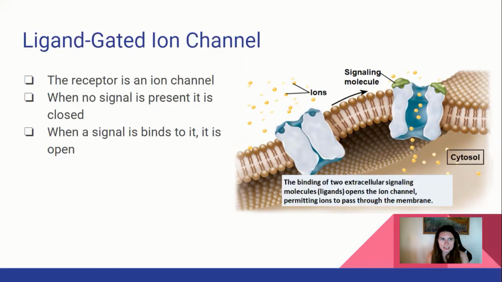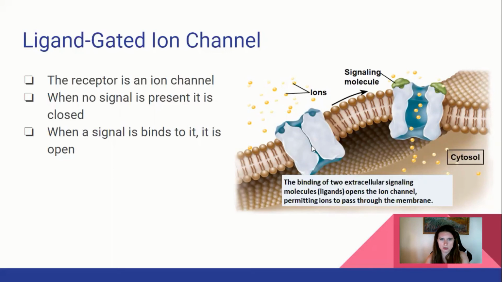Now, the ligand-gated ion channel is just a special type of channel. And the thing that's special about it is that our ligand-gated ion channel, some of the time it's closed. It's a receptor protein because it can be inactive and closed. And the way we open up the channel, the way we create that tunnel, is that the signaling molecule binds on. So we have our inactive receptor here, our inactive ligand-gated ion channel.